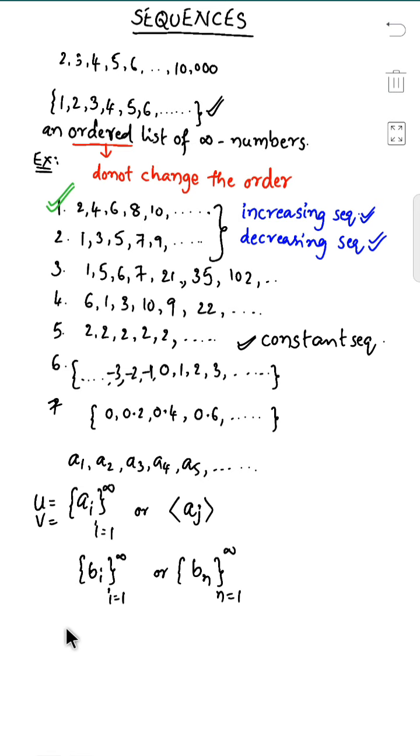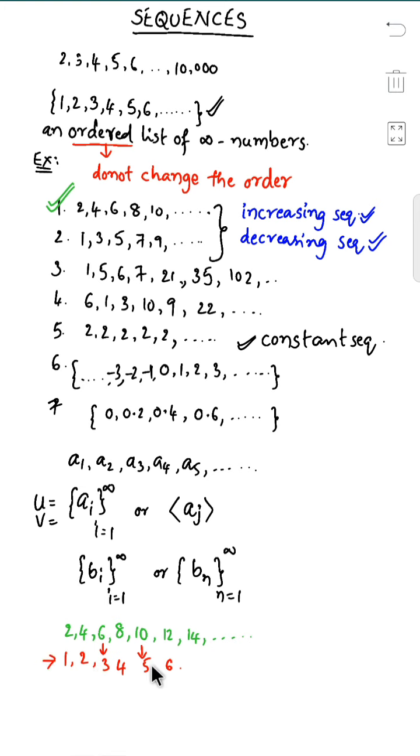In the sequence 2, 4, 6, 8, 10, 12, 14 and so on, this is the first term of the sequence, this is the second term, this is the third term, this is the fourth term, this is the fifth term, sixth term and so on.